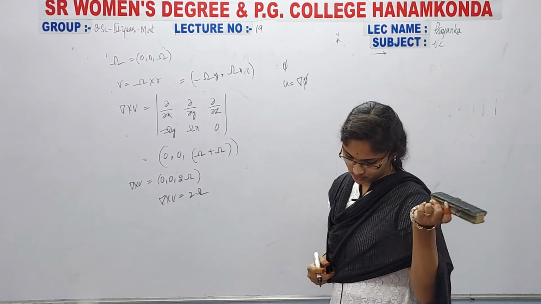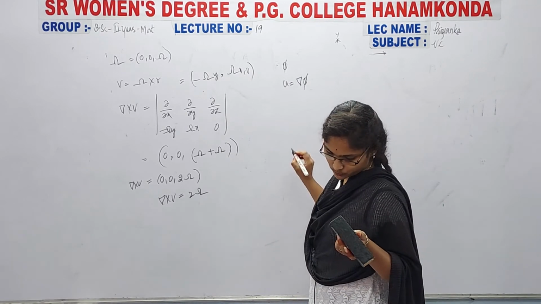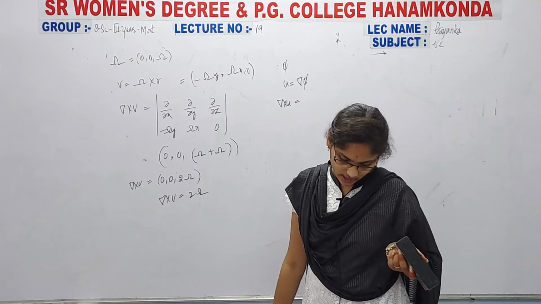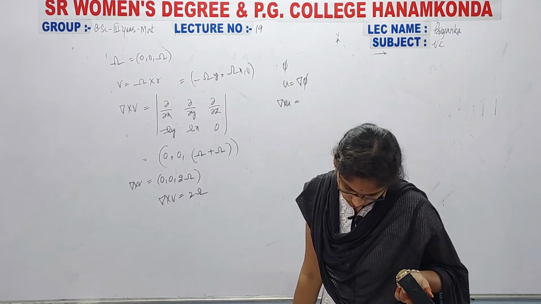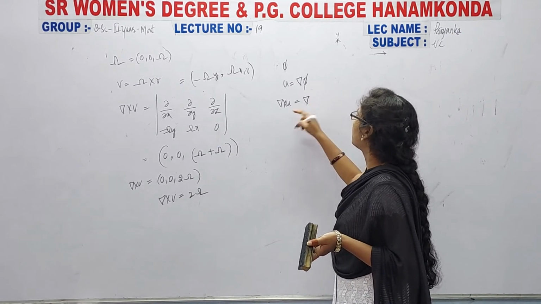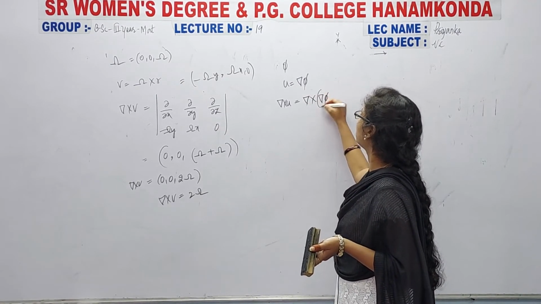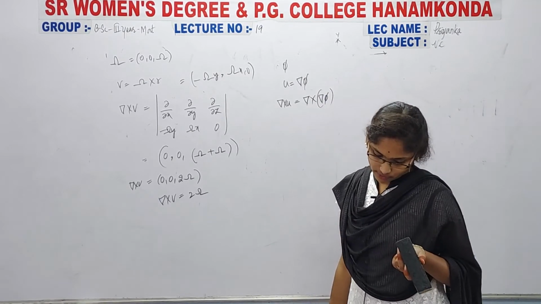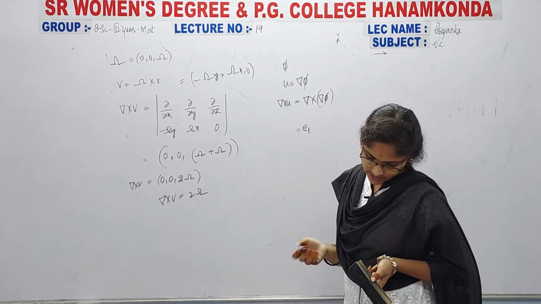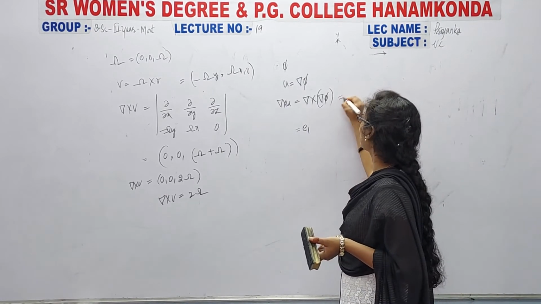Then curl u is equal to, what we get here, curl u means del cross del pi, right. So finally what we get here, I am writing the formula, they directly gave the value, actually it is equal to 0.